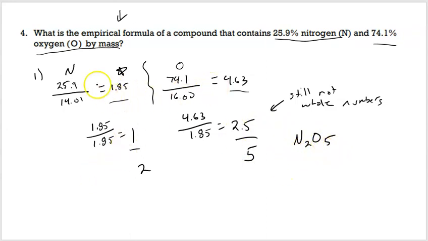So again, the first step is to divide the percent composition by the mass, percent by mass.